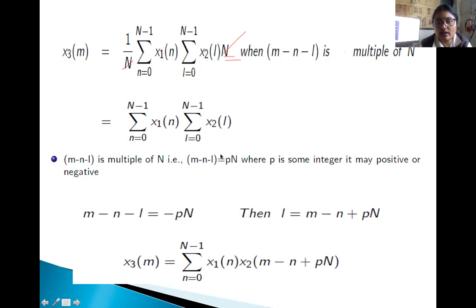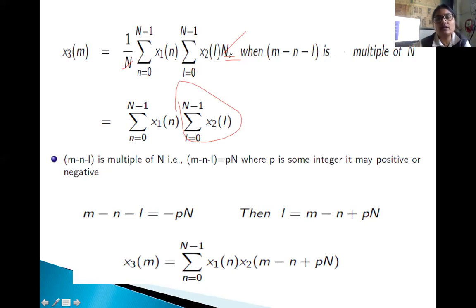So the value is pn. This p may be positive or it may be negative. We have considered minus pn. So we have taken l and pn here. Now we want to represent this in terms of n only, because there are two variables and the sequence is in the time domain only. So we want to put it into a single variable.